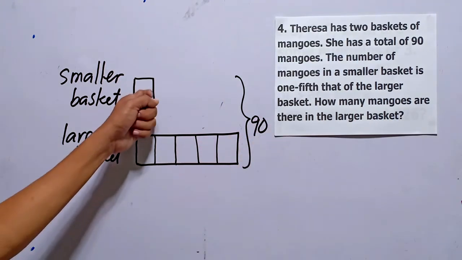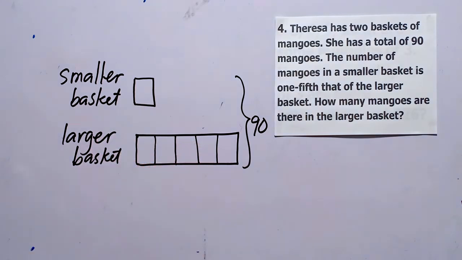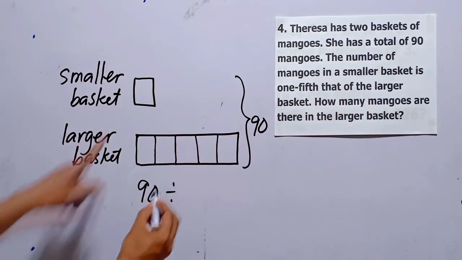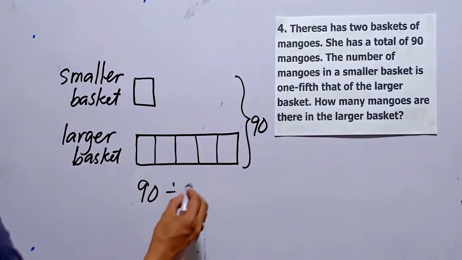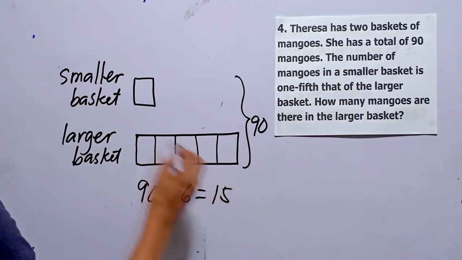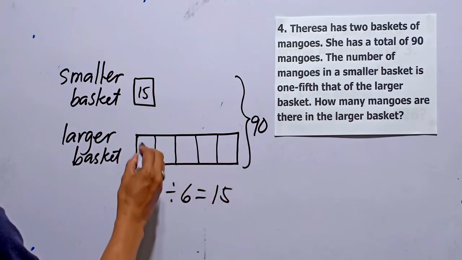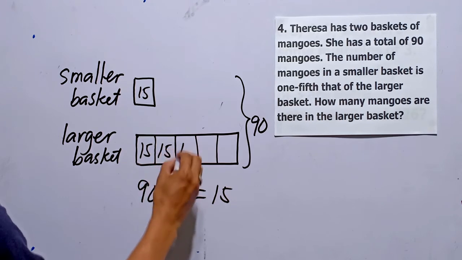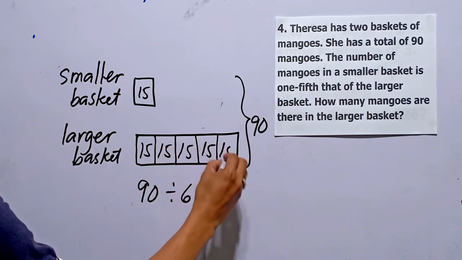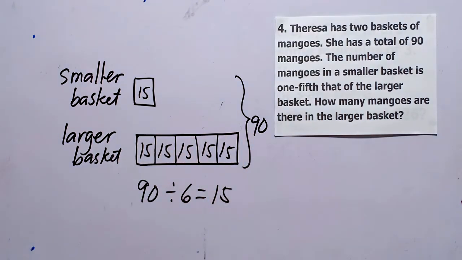If you notice, there are 6 equal boxes or blocks. That's equivalent to 90. So if I divide 90 by 6 blocks, I'll get 15. Meaning 1 block here represents 15. Do you agree?